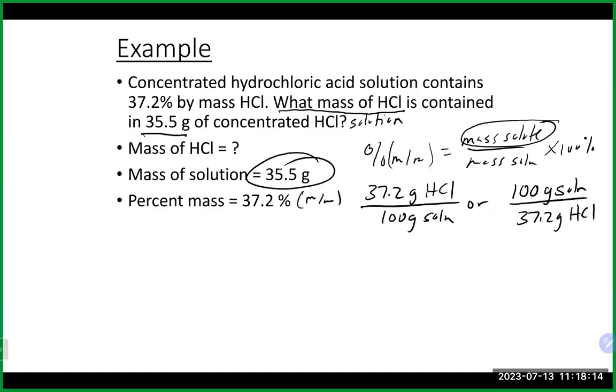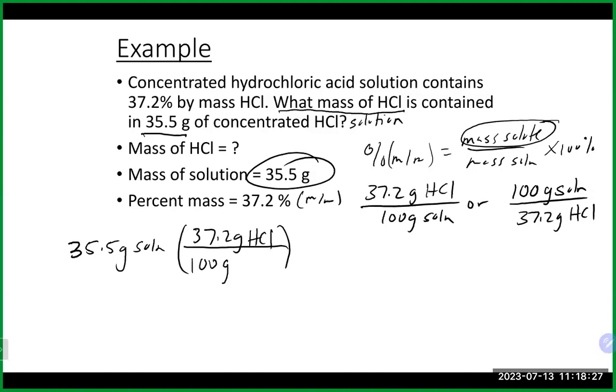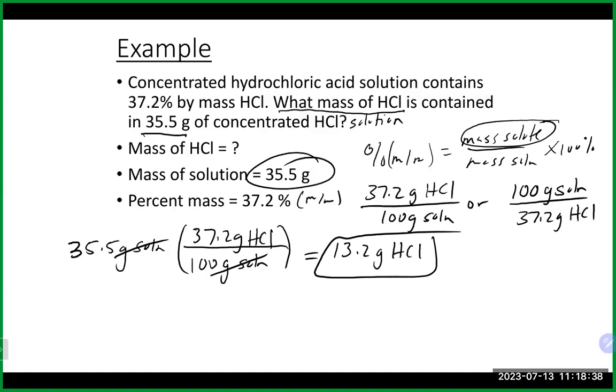In this case, we have the grams of solution, which is 35.5 grams of solution. We're going to use a conversion factor there on the left, which is 37.2 grams of HCl and 100 grams of solution. Grams of solution cancel out, leaving us 13.2 grams of HCl, I think.